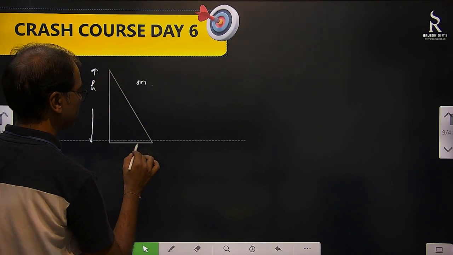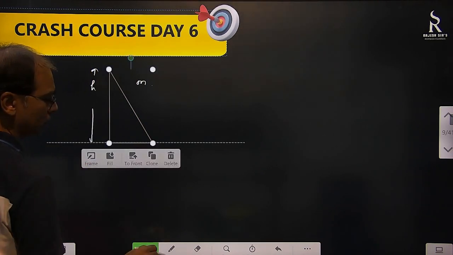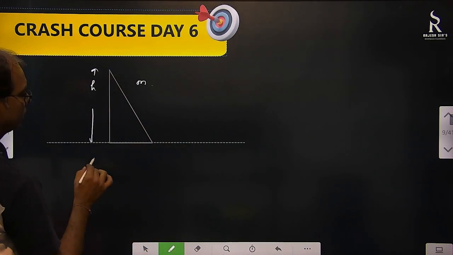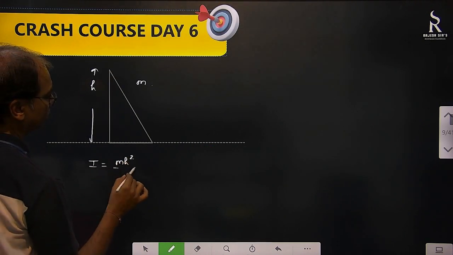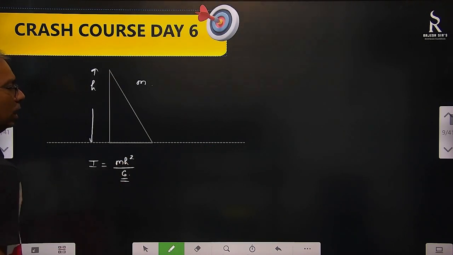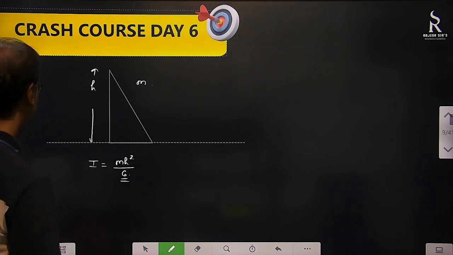So what will be the moment of inertia about this axis? We'll say mh square by 6. This we have to remember. So these are standard moments of inertia which we have to remember. Now what then, after this?